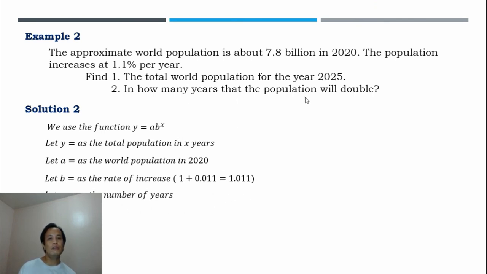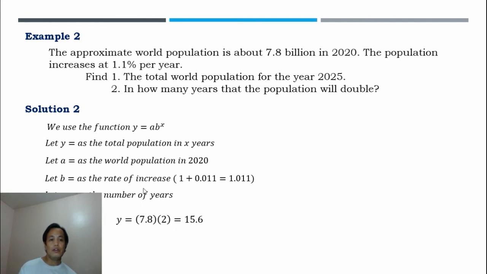Take note that the population will double. If we are talking of double, it is the initial value times 2. So for y, since the initial value is 7.8, we multiply that by 2 to double it, which gives us 15.6.